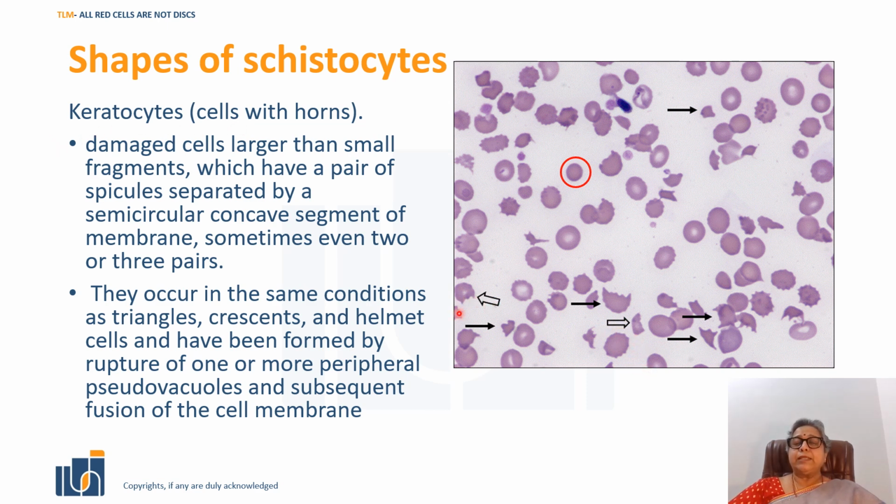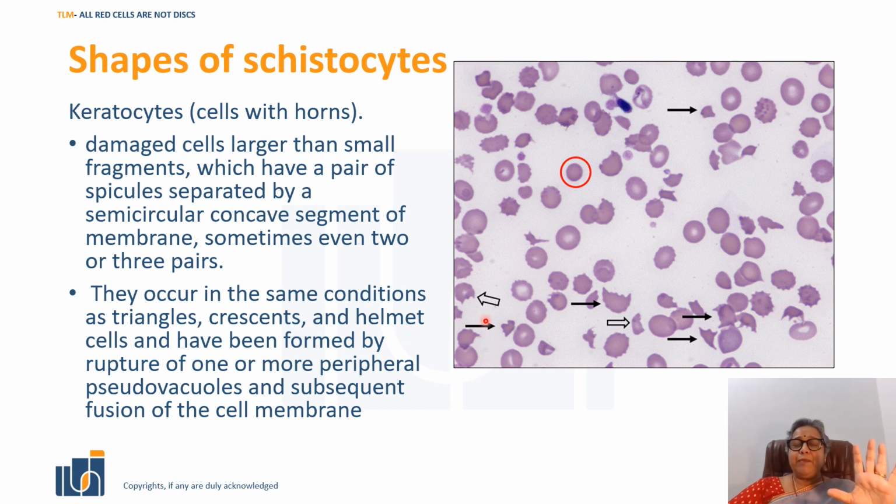Then you have keratocytes, or cells with horns. They can have large fragments, small fragments, and you can have spicules which are separated, either by a straight line, or they can have more spicules over there. They look like inverted helmets if you can imagine, with two pointed horns like what the demons have.